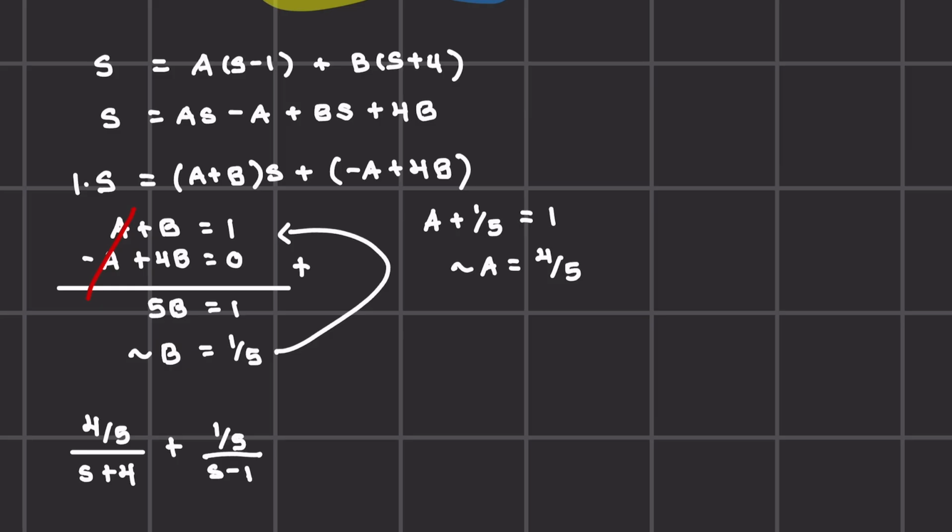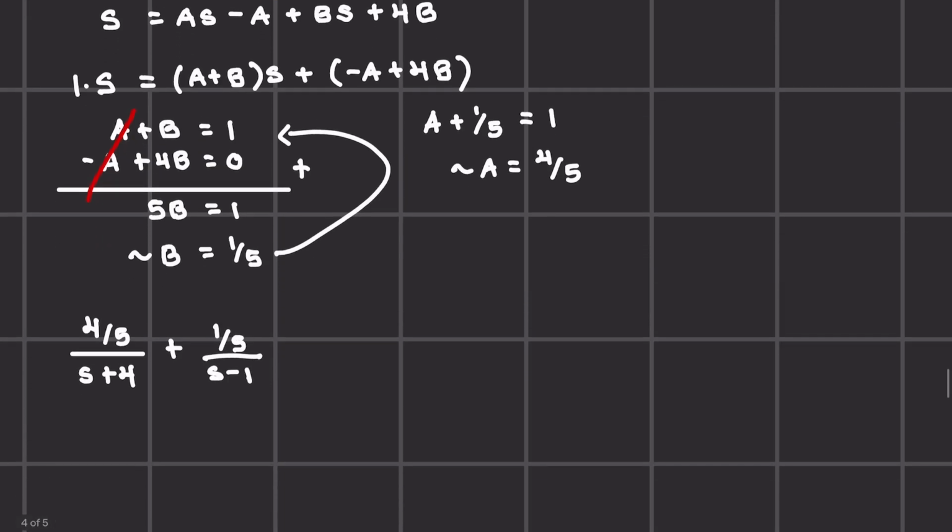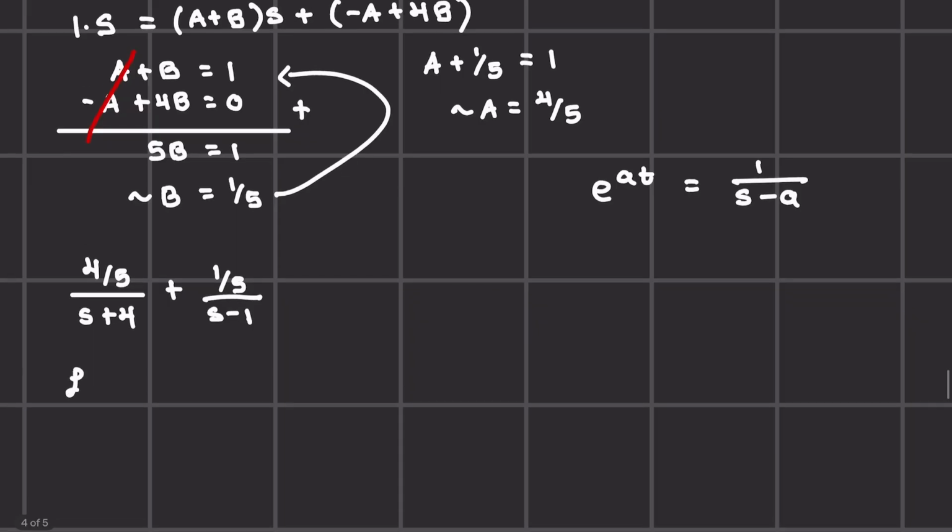Now, after getting the values of A and B, we just need to take the inverse Laplace for each of them. We do need to know which Laplace table property we're going to use. We know that e to the at is equal to 1 over s minus a. This is perfect, because when we take the inverse Laplace for each of them, we can just pull out all of the constants outside.